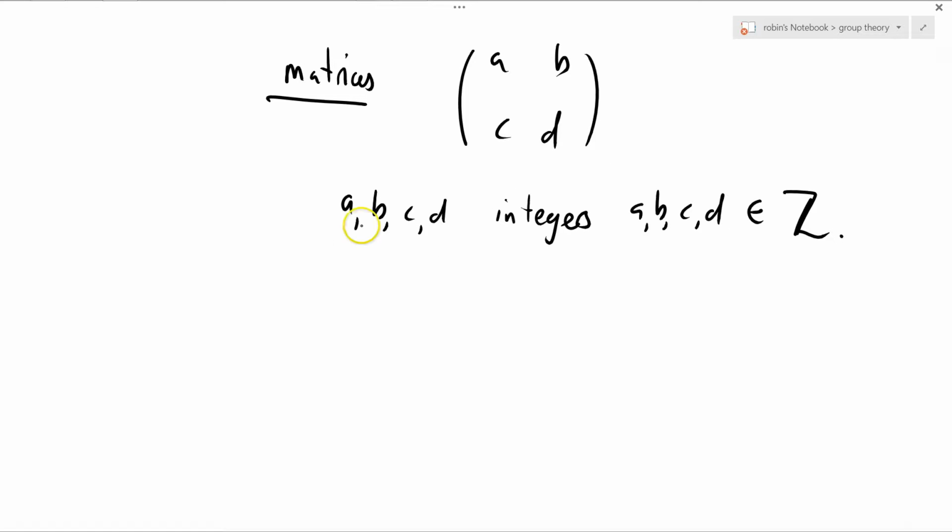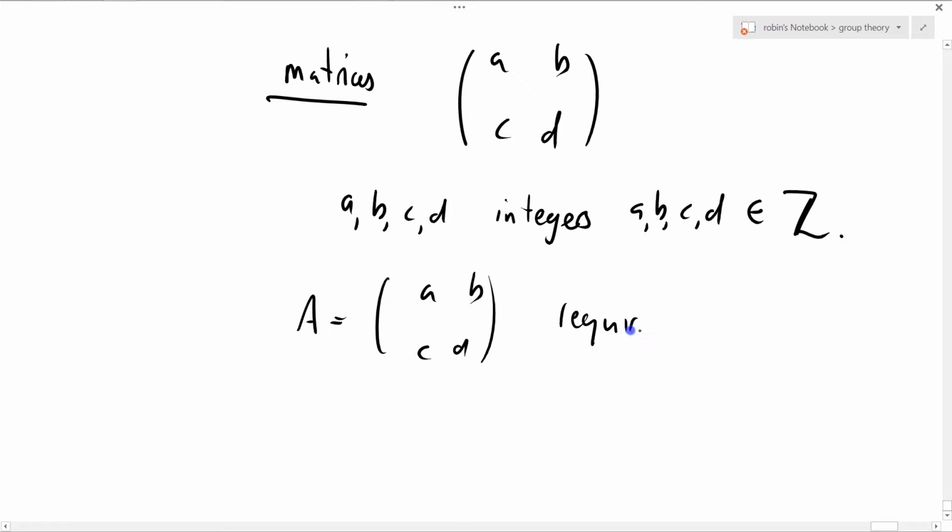But I'm going to put another restriction. I'm going to say that a matrix A, which equals A, B, C, D, is required, for this group at least, to have a determinant equal to 1.